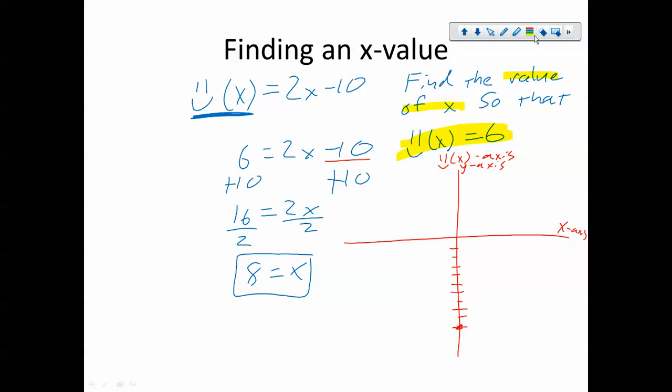What's my slope? 2. So we're going to go up 2, right 1. Up 2, right 1. Up 2, right 1. And there's my function. This function right here is smiley face of x equals negative 2, not negative 2x, 2x minus 10.